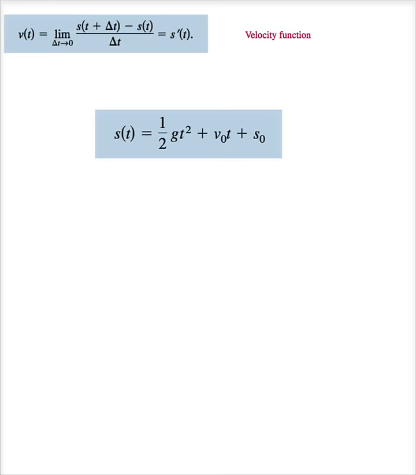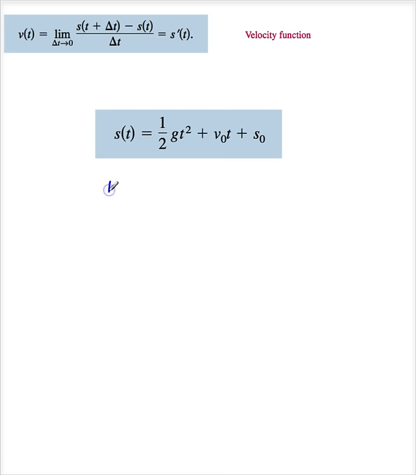Now, another physics concept you need to get is that velocity is the derivative of your position function. So this is the generalized physics formula that you get in class, and you're told to memorize it. Your teacher may derive it for you using your pre-cal skills. But let's take the derivative of this. Now remember, g is a constant, v naught's a constant, and s naught is a constant. We're taking the derivative with respect to t.